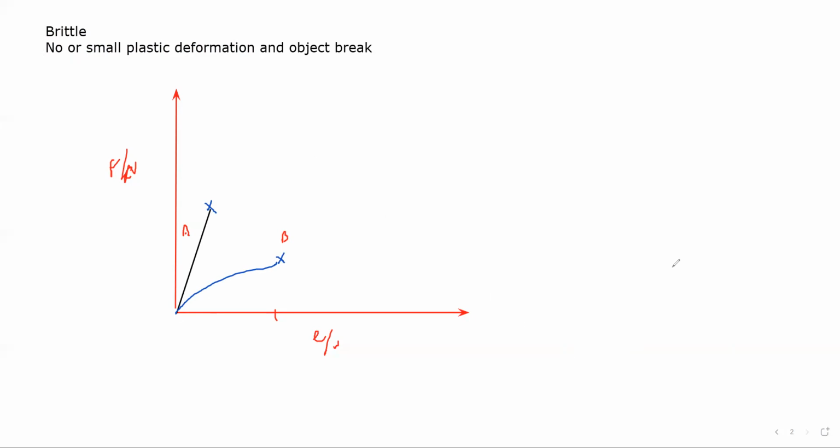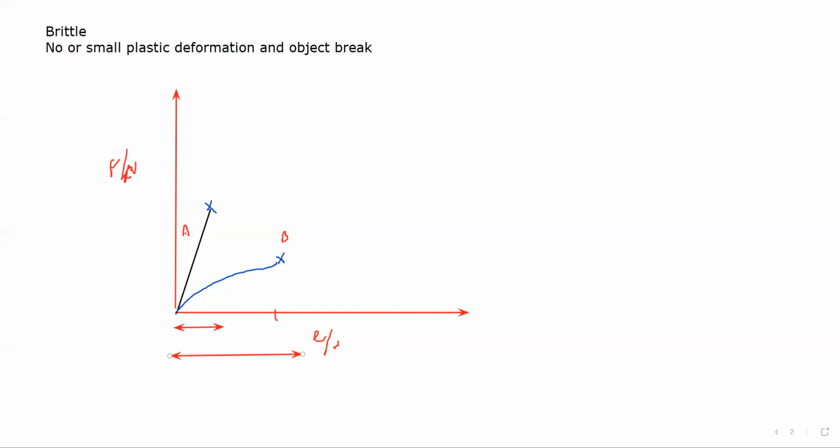A is the brittle material because it should show no or very small deformation. For A, this is the deformation. For B, there is a greater deformation. The first thing when you are checking a brittle object, there should be no deformation or very small deformation and the object should break.